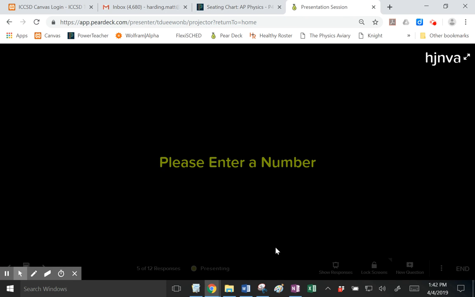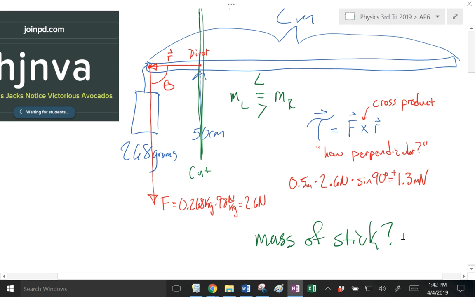I only got 4 people. Come on. If you don't want to give an exact number, give it like relative to 268. Like ballpark. How do you think it compares to 268? Such and such fraction of 268 or something, right?